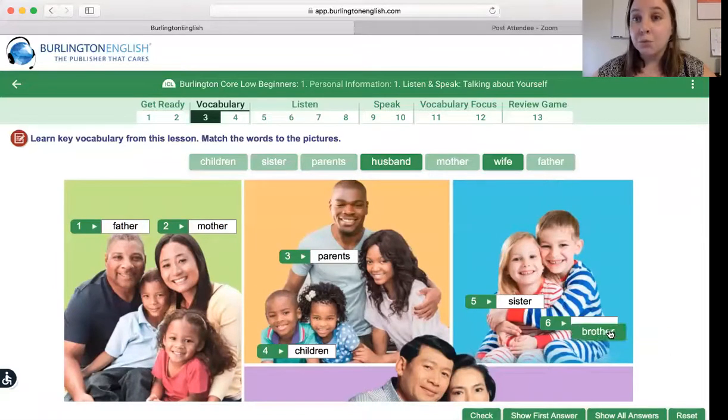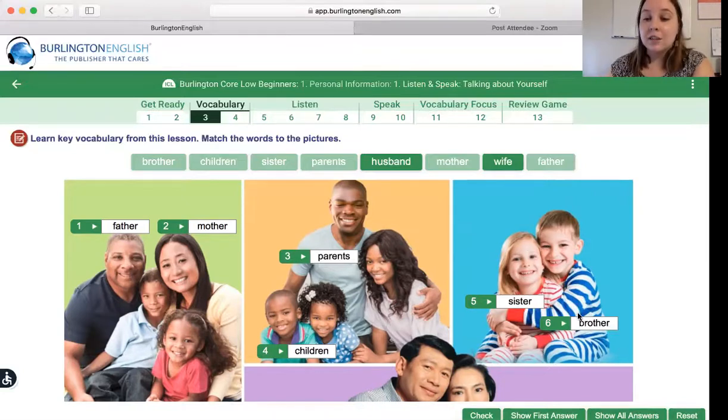He is her brother. So repeat after me. Sister, brother. Do you have sisters in your family? Yeah. Do you have brothers? Good. So this is the sister and this is the brother.